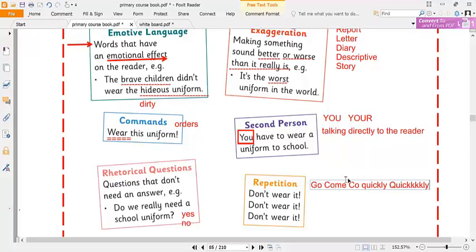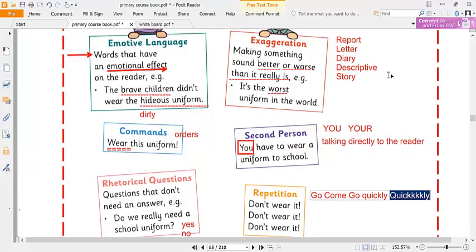This is repetition here: repeating the word go, repeating the word come, repeating the word quickly. Here he said don't wear it, don't wear it, don't wear it. It's repetition. You always find repetition in adverts. When you read adverts, you always find words repeated a bit to keep you attracted to the advert. So again and again, quickly.